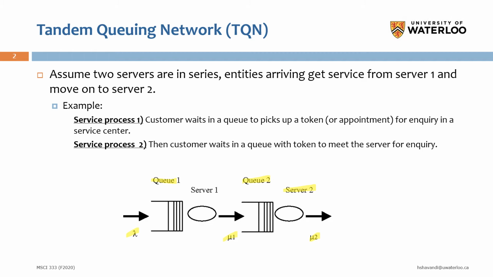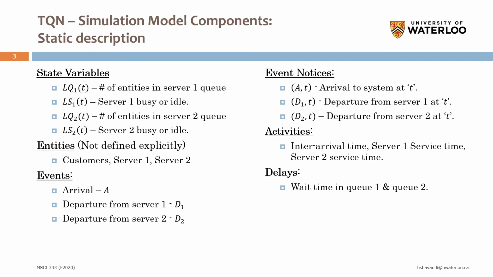As you see here, we have 4 state variables because we have 2 servers and 2 lines, and we have 3 events here: arrival, departure from server 1, departure from server 2, and we can also have an end of simulation event if it's going to be ended by a certain time.